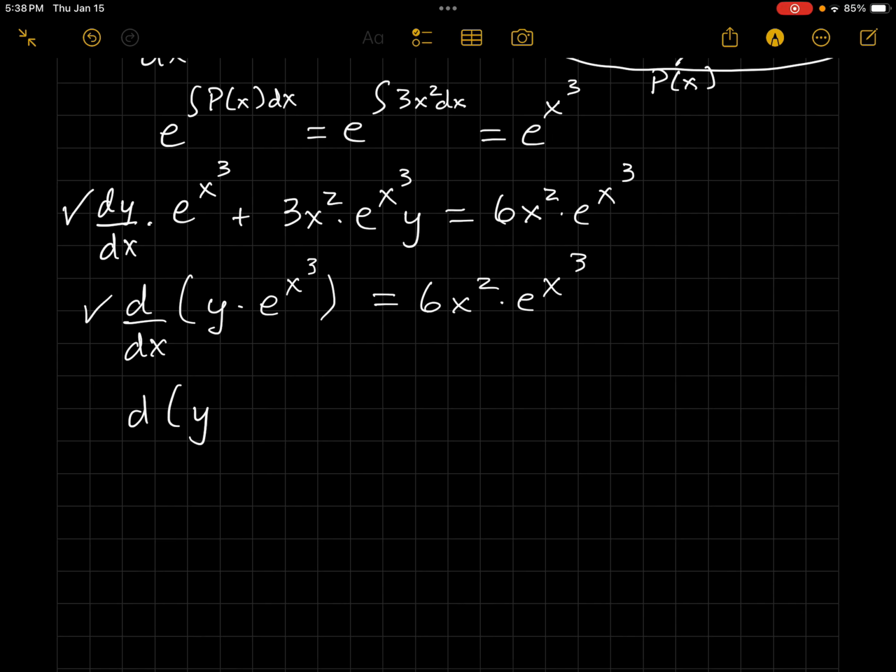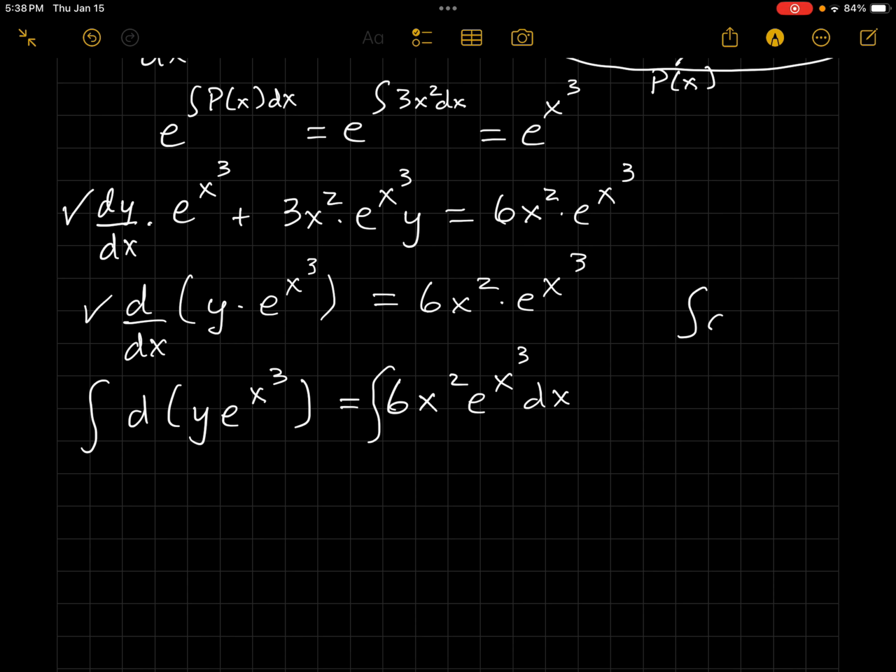We can multiply both sides by dx, giving us d of y times e to the x cubed equals 6x squared times e to the x cubed times dx. And we can integrate both sides.